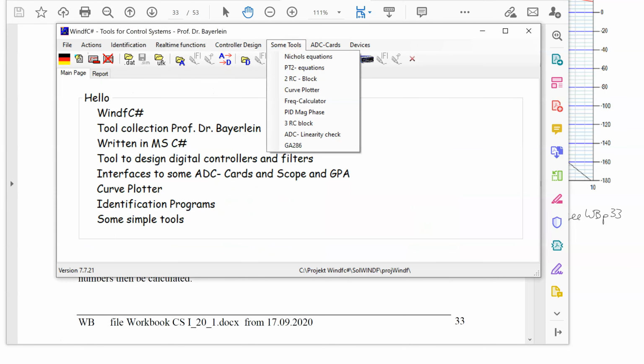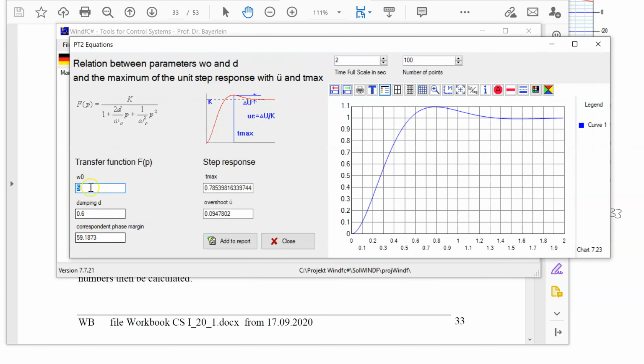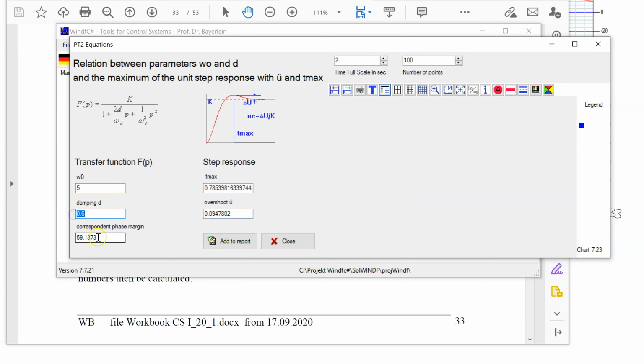There are some tools. The PIDT2 equations contain exactly this calculation between overshoot factor, damping value and phase margin.